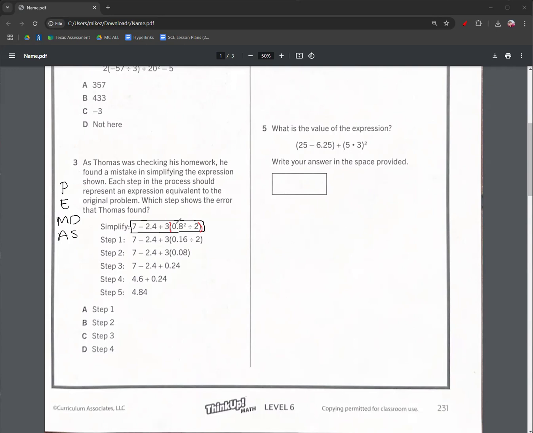This exponent says that it's 0.8 as a base to the second power. That means I'm going to have two of them. So I'm going to put 0.8 times 0.8 because there's two of them and I have to multiply them together. So you can see that it is multiplication with the decimal. 8 times 8 is 64. 8 times 0 is 0 plus 6 is 6.